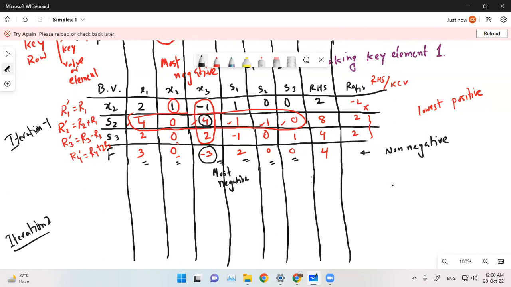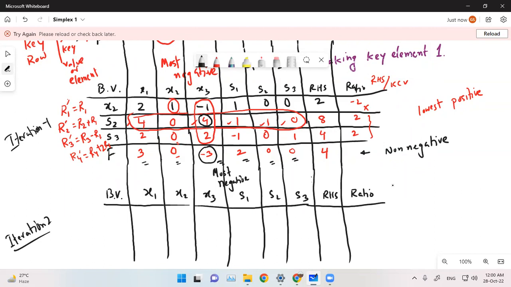Okay, so now first thing first, basic variable. We have to find out which one will be entering and which one will be leaving. Then we have our x1, x2, x3, s1, s2, s3, right-hand side value, and the ratio. So now key column will enter.